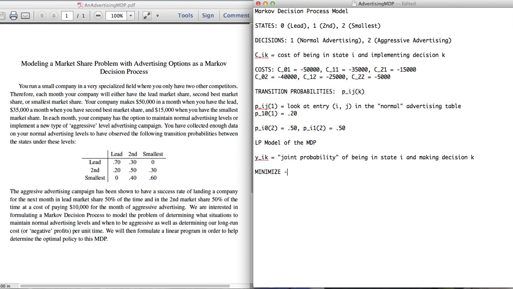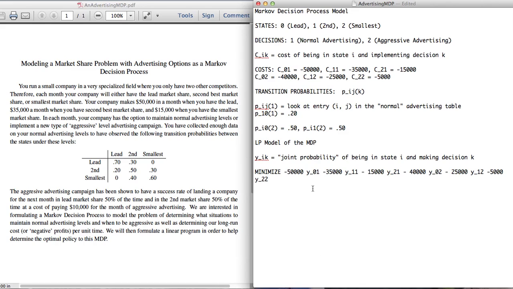In this particular case, we have minus 50,000 of y01, minus 35,000 of y11, minus 15,000 of y21, minus 40,000 of y02, minus 25,000 of y12, and then minus 5,000 of y22.